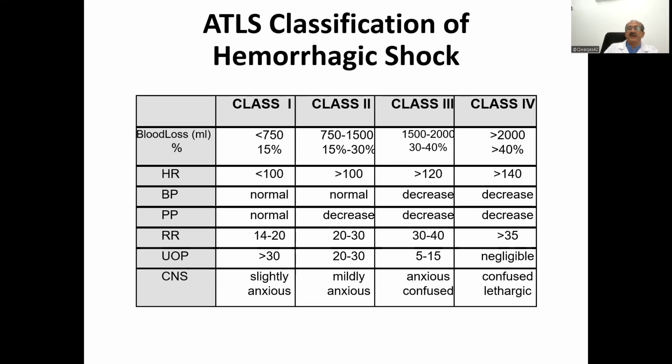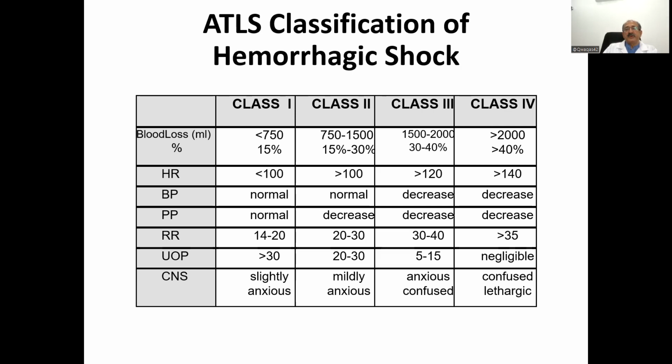In class 3 and class 4, if you look simultaneously, the blood loss is less than 2000 in class 3 and more than 2000 in class 4. Heart rate is more than 120 and more than 140. Blood pressure in both classes decreases. Pulse pressure also decreases. Respiratory rate is 30 to 40 in class 3 and more than 35 in class 4.